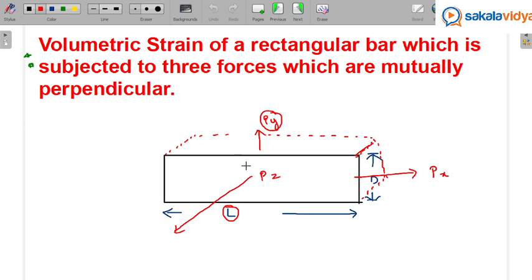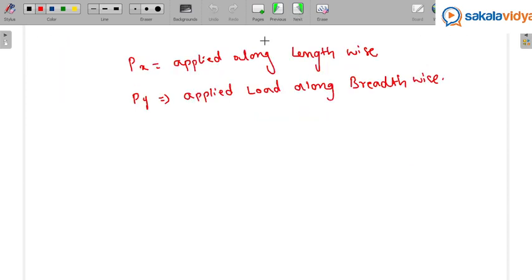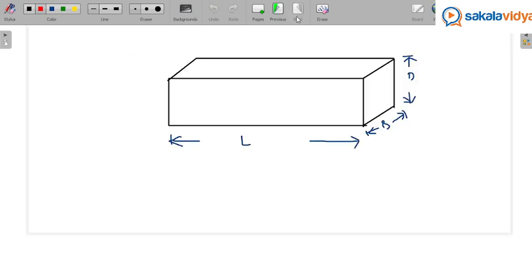If you observe clearly, your load Py is going to act on the y axis. The next comes your Pz. Pz is an applied load along depthwise. So here see, this is the length, this is the breadth, and this is the depth.